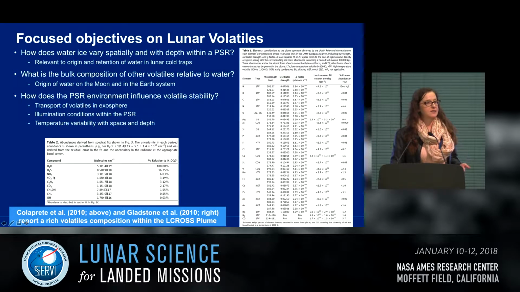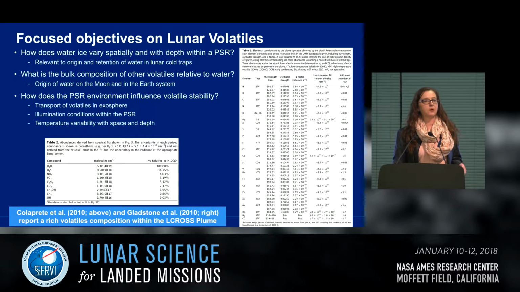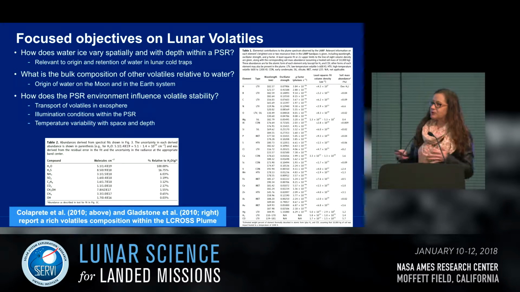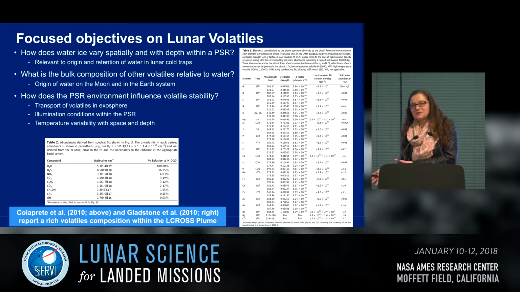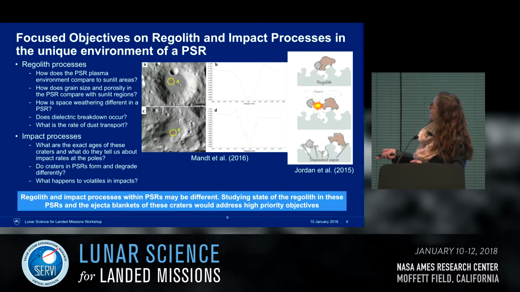So are comets the primary source of volatiles in the permanently shaded regions, or do we have other sources? Is it a mixture? And measuring the composition, particularly the isotopic composition, would be important for understanding the history of volatiles in the inner solar system. So before we go and use these volatiles, let's go study them and see what they are so that scientists can connect it to the bigger picture of the solar system.